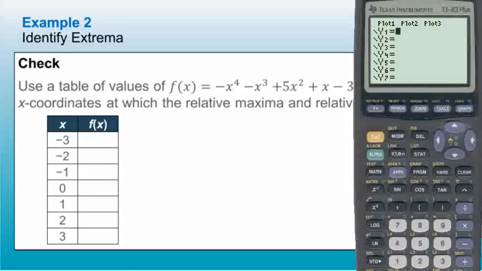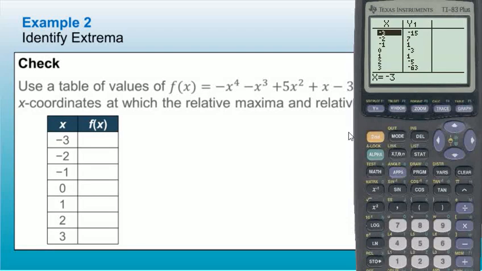So we have negative x to the 4th minus x cubed plus 5x squared plus x minus 3.